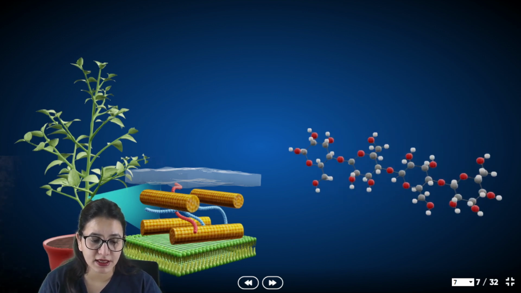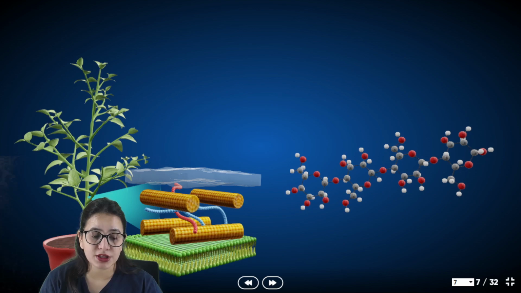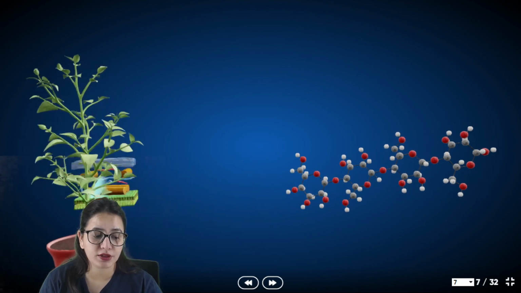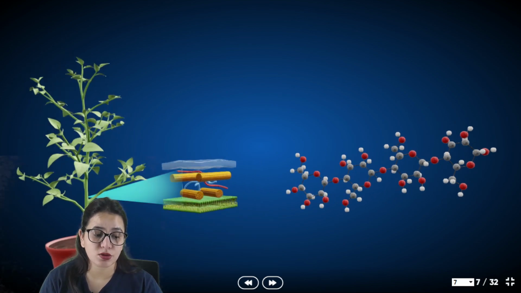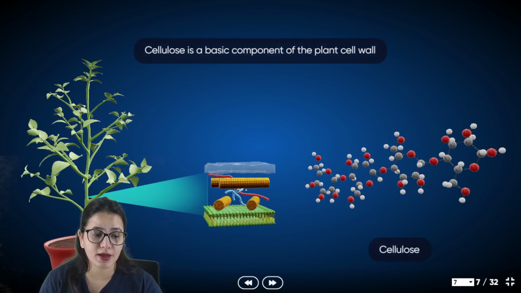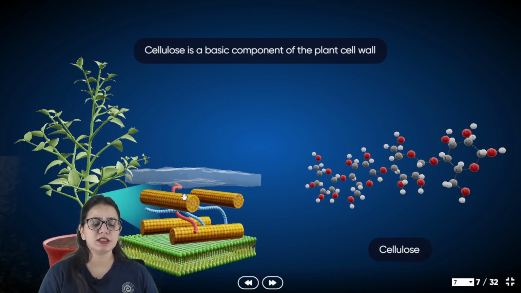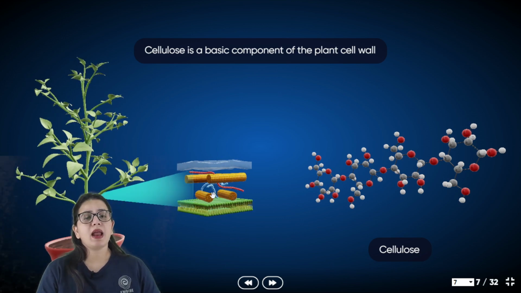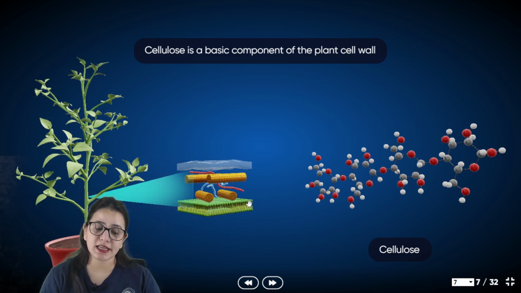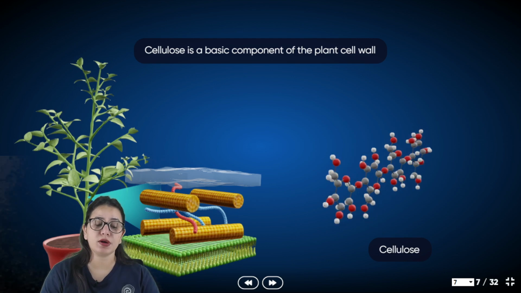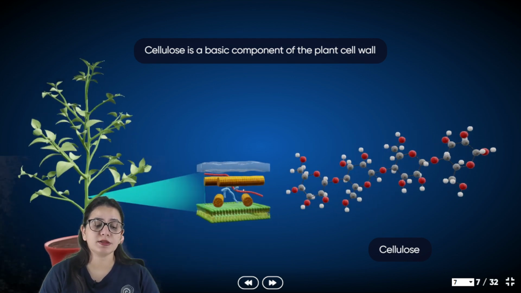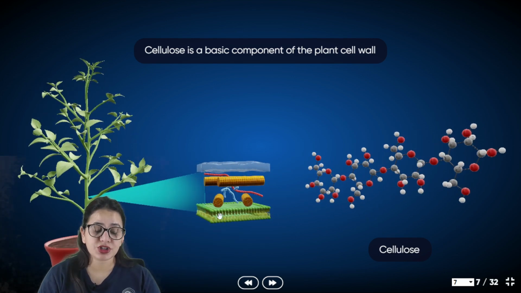This is the chemical structure, or structural formula, of cellulose. Cellulose is the basic component of the plant cell wall. This is something we already know, that the plant cell wall is made up of cellulose, and this is the structural formula of cellulose and how it is constructed in the plant.